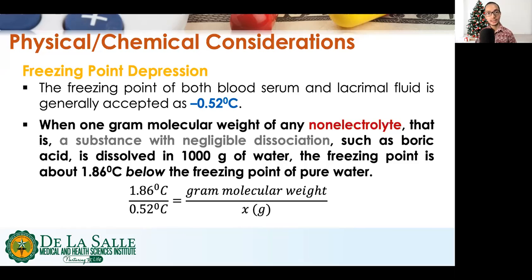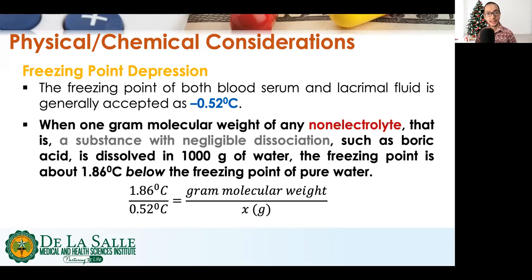That's why the basic formula looks like this: 1.86 degrees Celsius times i, being 1, divided by 0.52 degrees Celsius, we cancel the negative sign, equals the gram molecular weight of the substance divided by the weight of the substance that will make the solution isotonic.